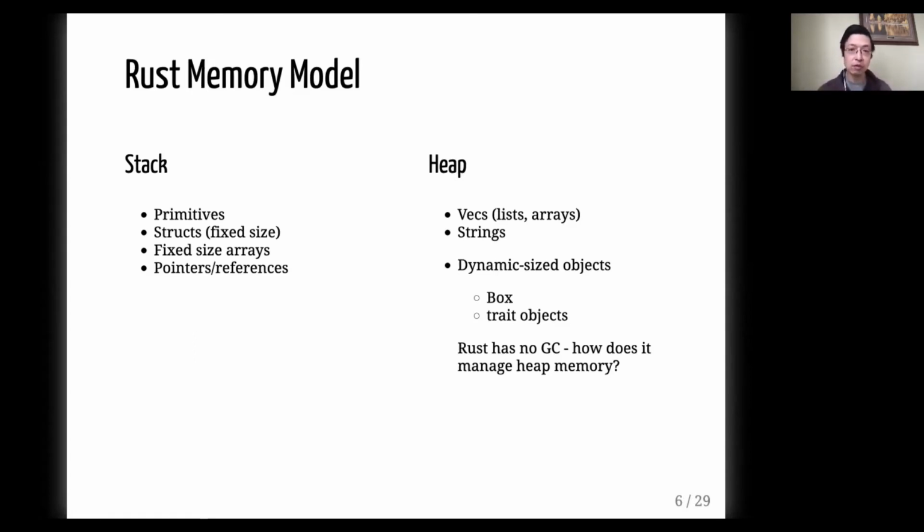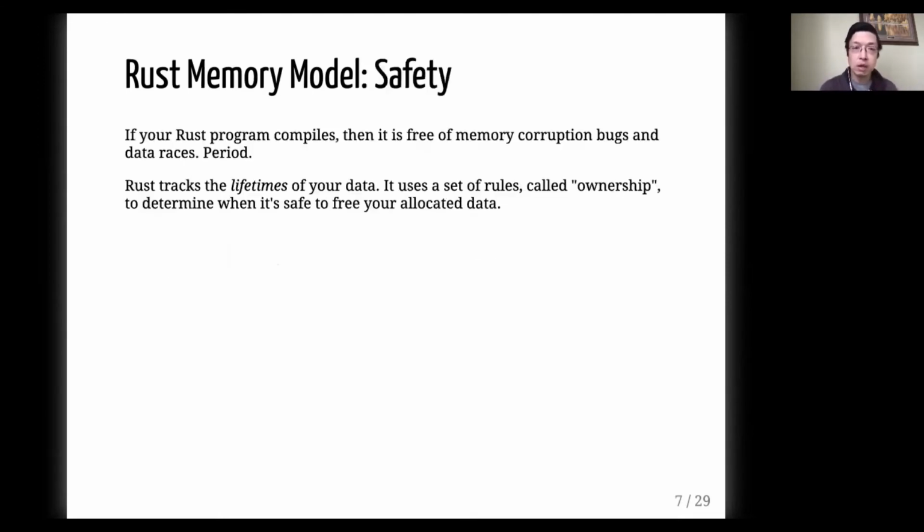Now, one thing is that Rust does not have a garbage collector. So how does it manage memory? This is a really important point for those of you coming from dynamic languages. This is the biggest differentiator about Rust. What Rust promises is that even though it does not have a garbage collector, it will track how your data is used through a concept known as a lifetime.